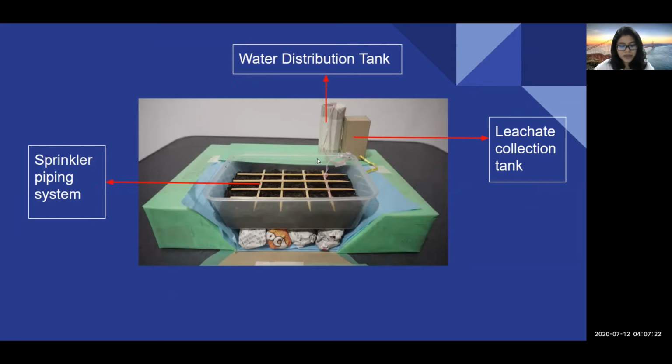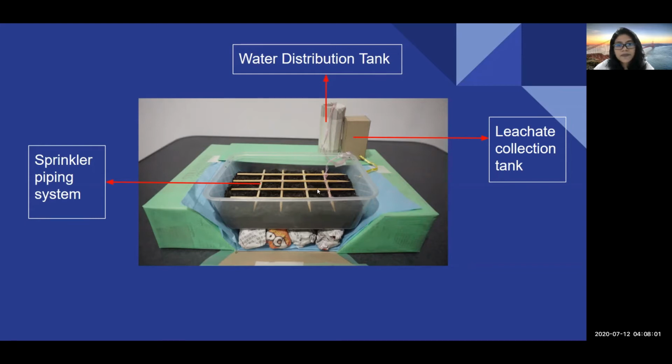These berms control water runoff and also avoid cross contamination, which means this contaminated soil will not contaminate the soil right here. This is the leachate collection tank, and this is the leachate collection hose. The water distribution tank is here, and this is the water supply hose, which is connected with this sprinkle piping system.